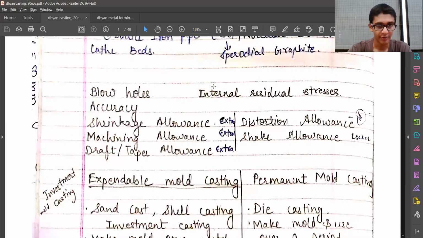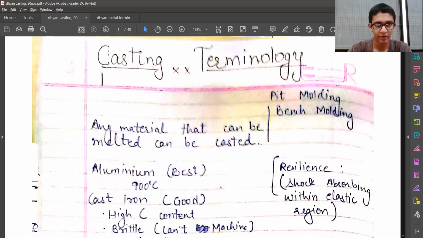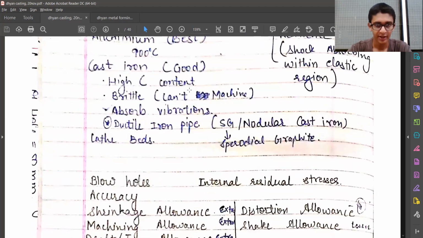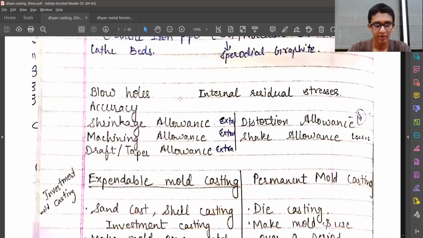Now, some allowances. When we are going to design a mold for casting, we should take care of some specific occurrences. One is the blow mold, which is one of the casting defects. Another is internal residual stresses, which occur when we pour the material.